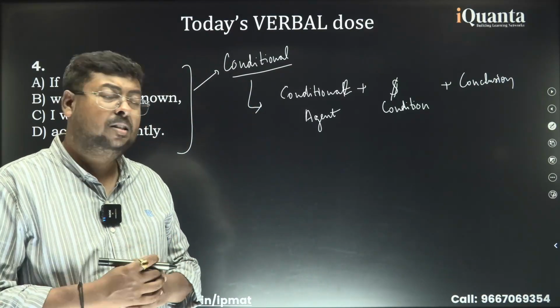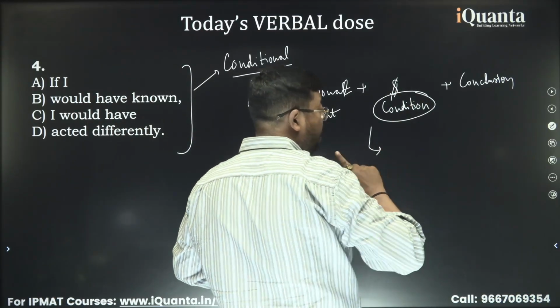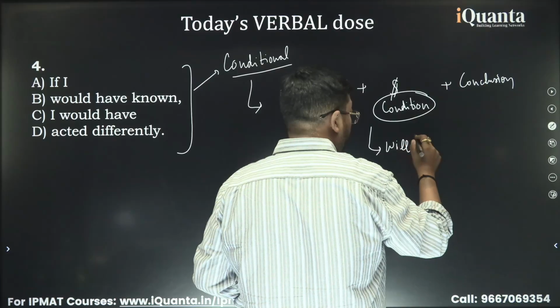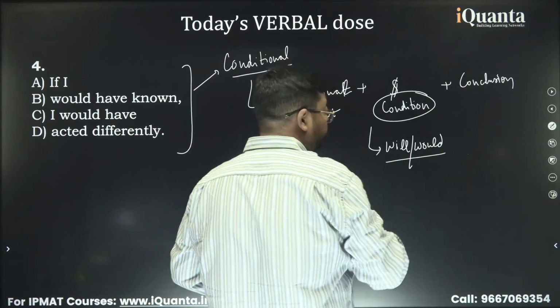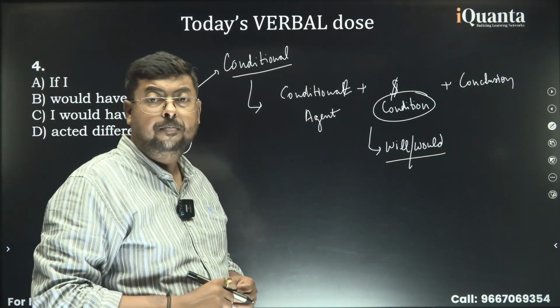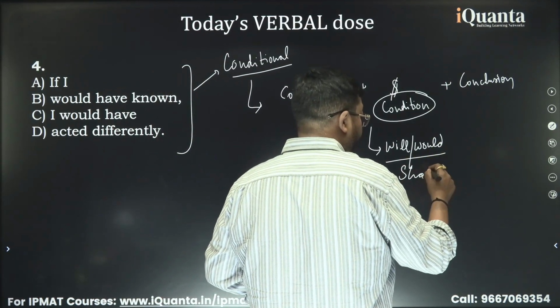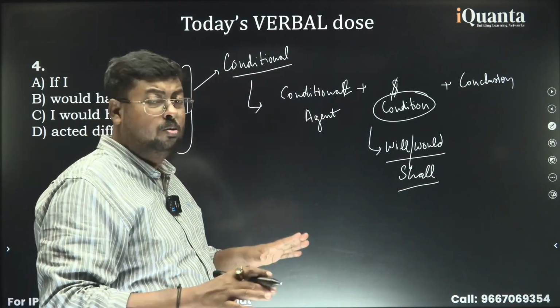But what is the rule? The rule says the condition part can never be written with will, would, or shall. Why?